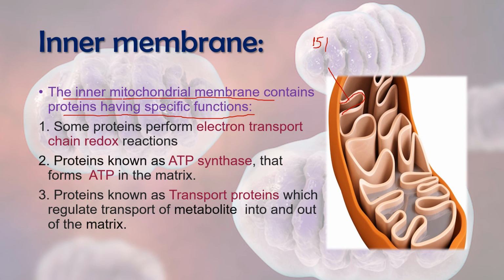We can divide these proteins according to their function into three parts. Some proteins perform the electron transport chain redox reactions. Some proteins are known as ATP synthase, which forms ATP in the matrix.